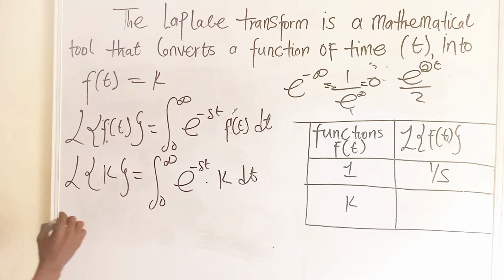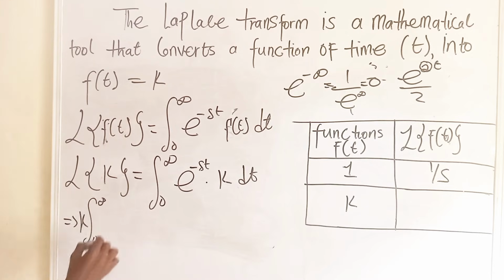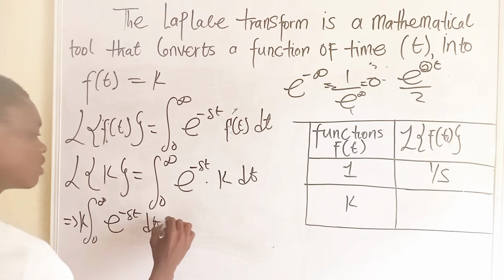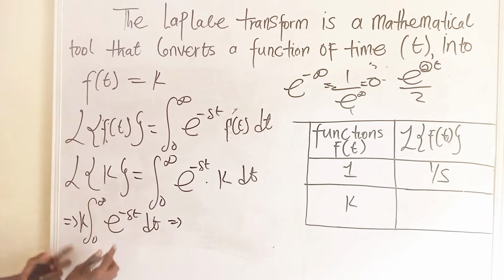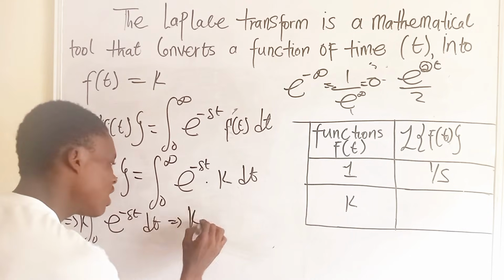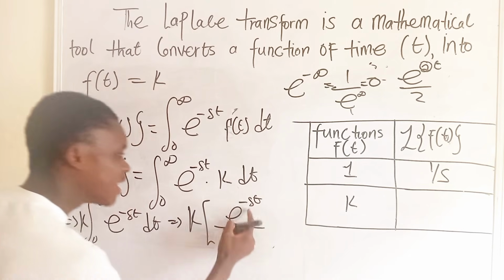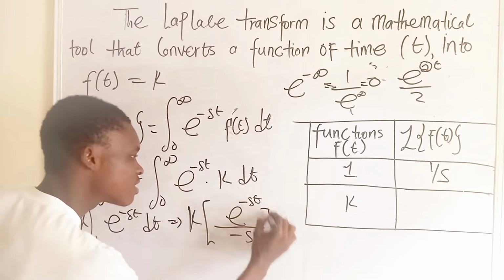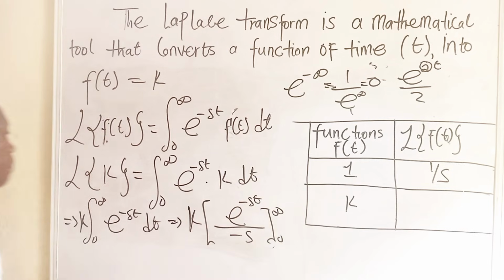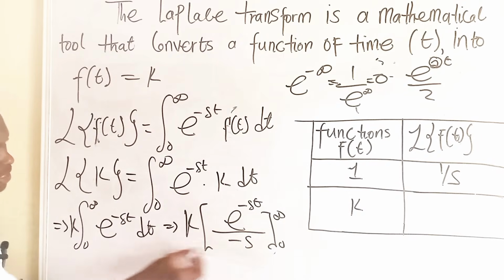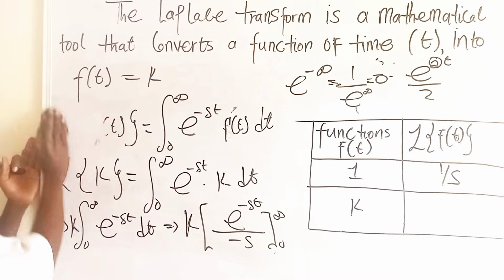And when that happens, we have k multiplied by the integral from 0 to infinity of exponential negative st dt. So if we integrate this by normal integration, we have k into bracket exponential negative st all over this man negative s, then put your lower boundary and your upper boundary. So from here we are going to factorize this s outside.